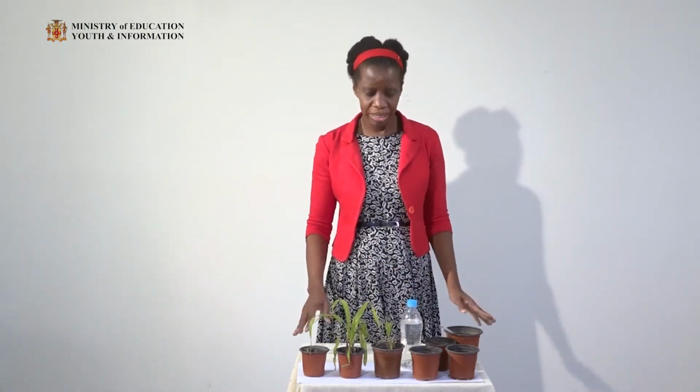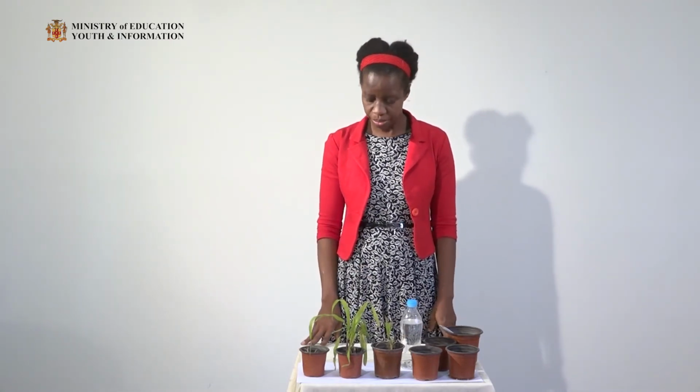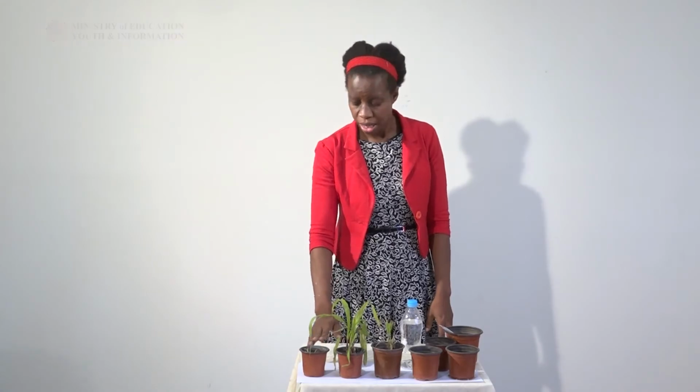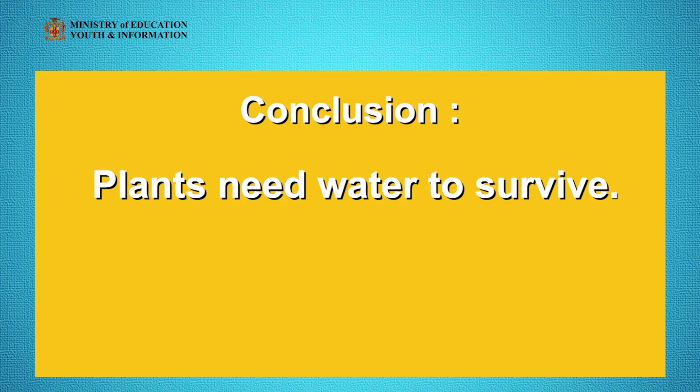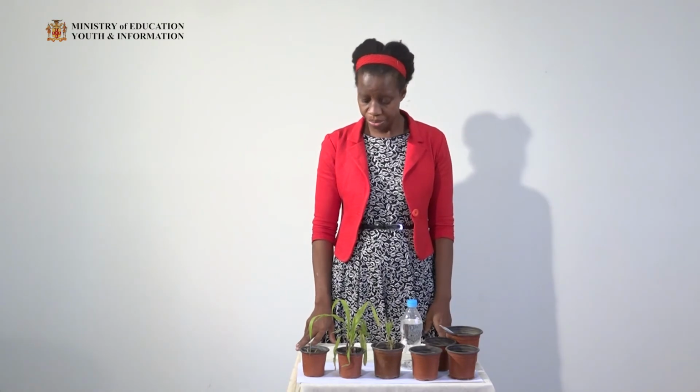So, what can we conclude from this particular investigation? What would you write in your books? Well, certainly, if plants are not watered, they will die. That is our first conclusion.